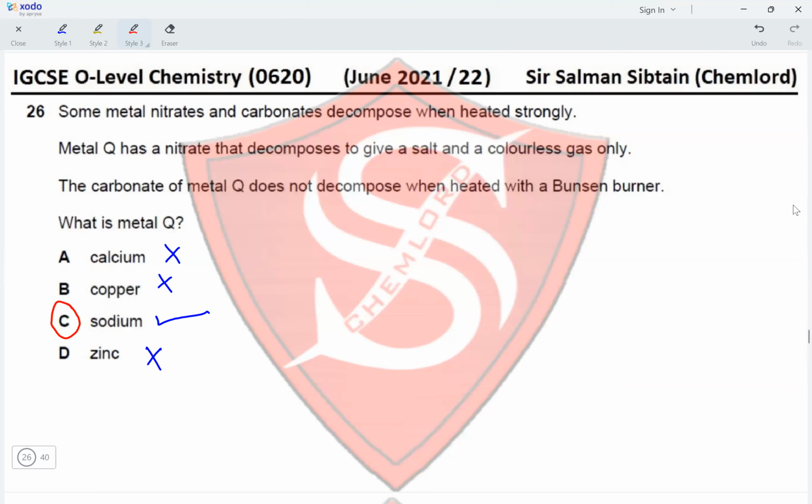The reaction for sodium nitrate, NaNO3, on decomposition produces NaNO2 plus oxygen gas. So this is the reaction of metal Q nitrate upon decomposition. And the carbonate of metal Q does not decompose when heated in a Bunsen burner flame.